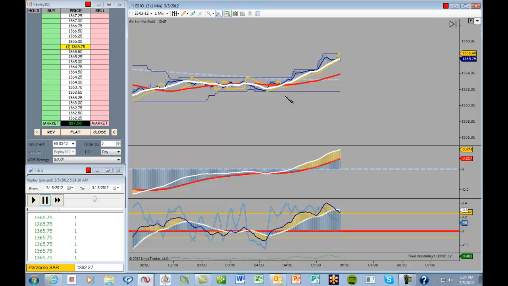We got in right after this. And there we go. All right, so this is looking bullish. This is looking bearish. So let's see what transpires.